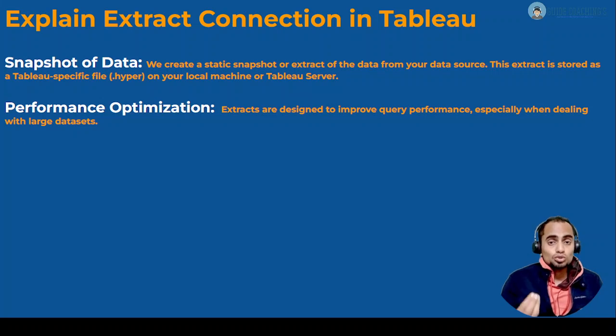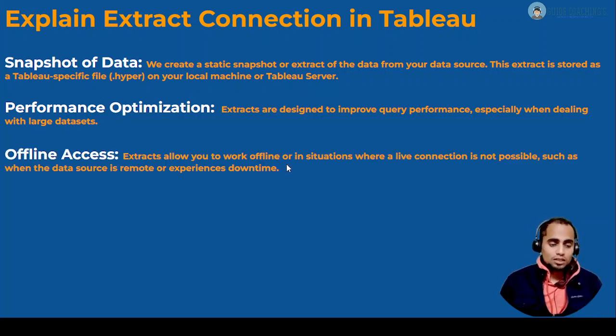It will just take a snapshot, a replica, and free up the main server, so that the users or the developers can use that server, while the dashboards and reports are created from the replica. So it will improve the performance and will not create a load on the system.